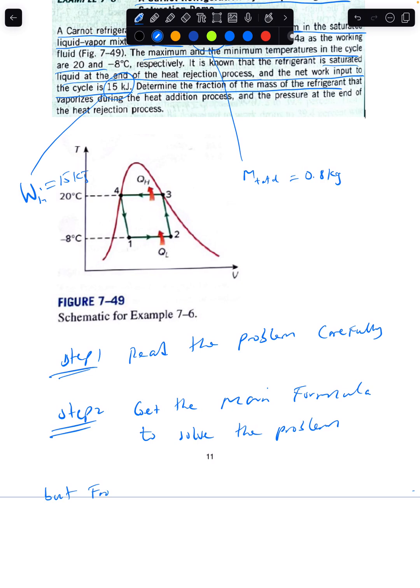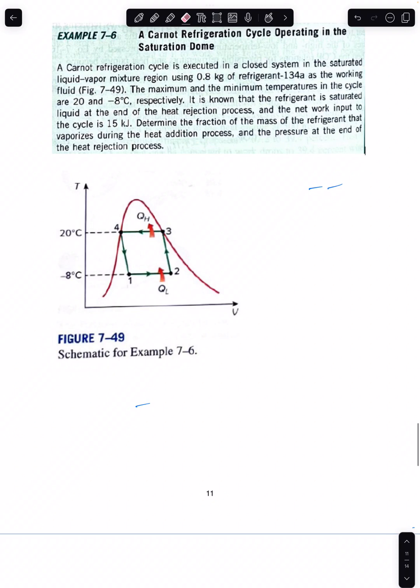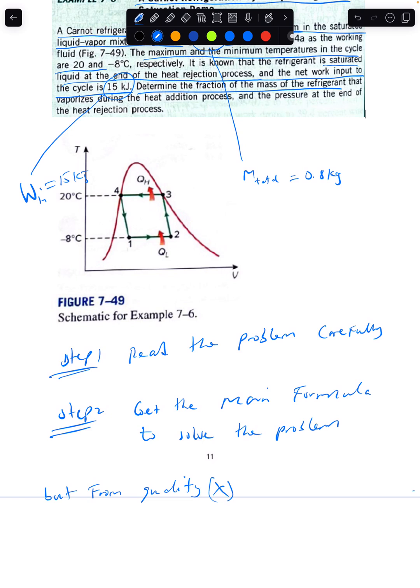From the question, we can say from quality. Quality is given as x, as I always say in class, and that quality is defined as the mass fraction.